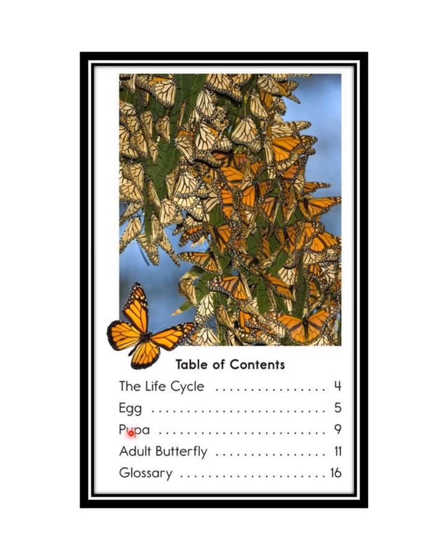If we want to know about a butterfly's eggs, we'll go to page 5. We'll learn about the pupa on page 9, and we'll learn about the adult butterfly on page 11. The glossary begins on page 16.